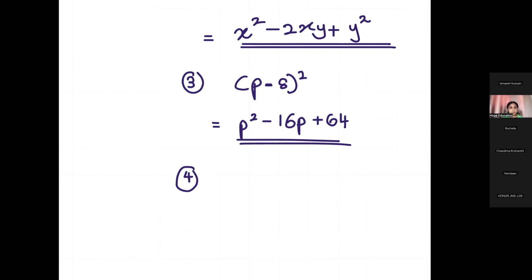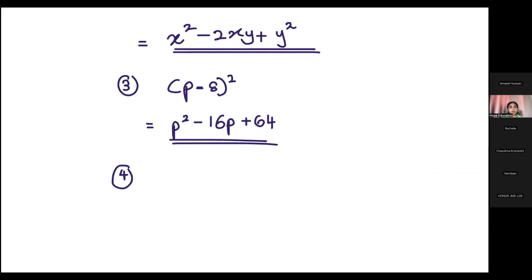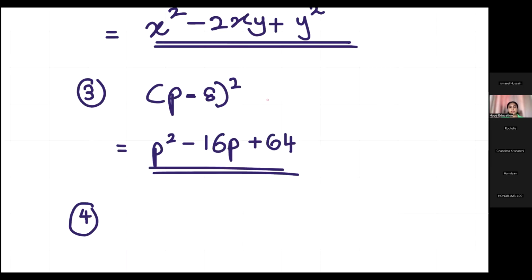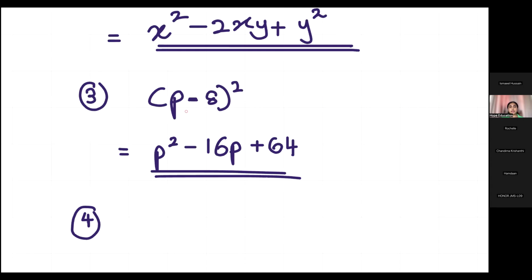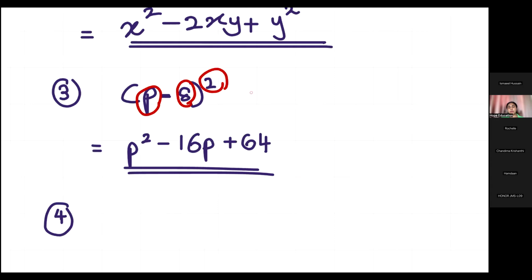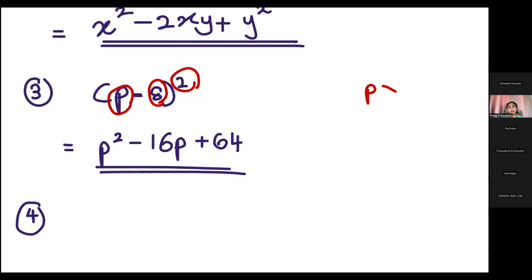Let me explain the 16. The middle one is the first term multiplied by the second term multiplied by 2. So p multiplied by the second term, 8, multiplied by 2. P times 8 is 8p. 8p multiplied by 2 is 16p. Then the sign is plus, this one is minus, this one is plus.